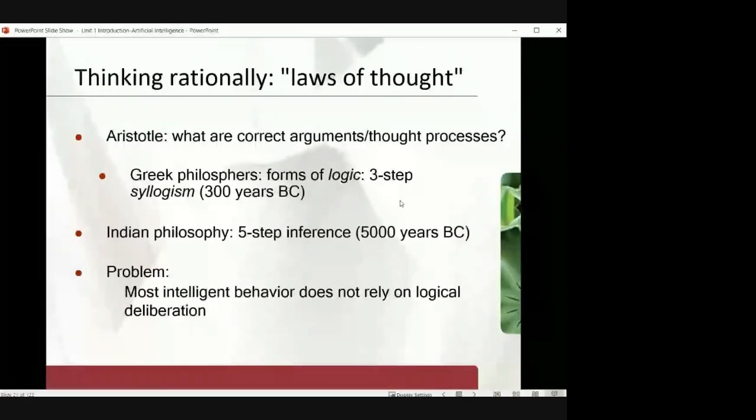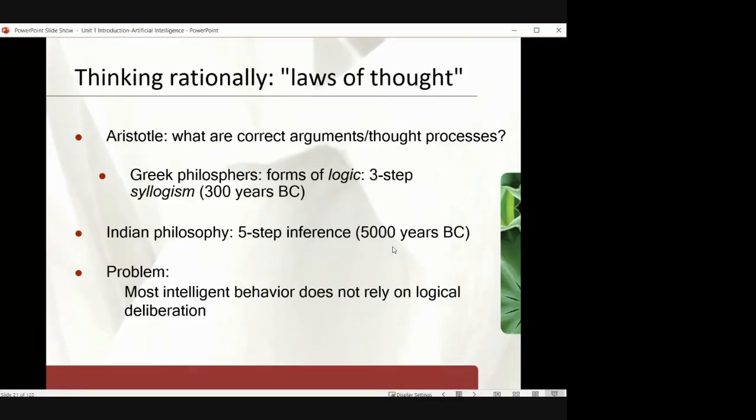But whatever the data Aristotle got, okay, and whatever based on whatever the data, the Greek philosopher come to this particular statement that came from this Indian philosophy, and the Indian philosophy gave 5-step inference in 5000 year BC.